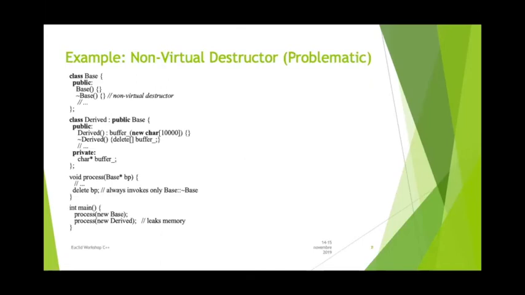When we are calling the base class, it's using the derive function and deleting the buffer. But in process new derive, it leaks memory. It's invoking the base class thing because it's not virtual.